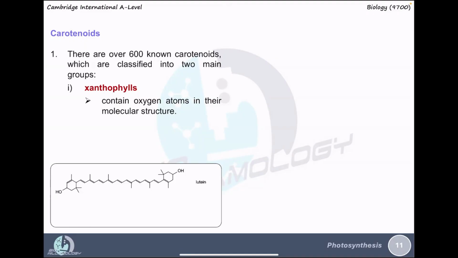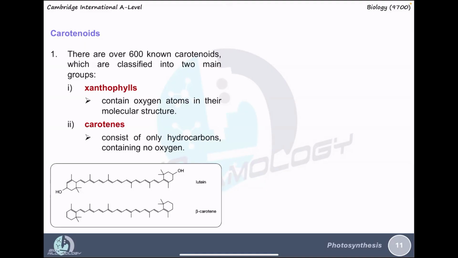Another group of carotenoid is known as carotene, which consists only of hydrocarbon with no oxygen atom. The well-known example of carotene is beta-carotene. You can see that the structure is quite similar to lutein, but without oxygen atoms.